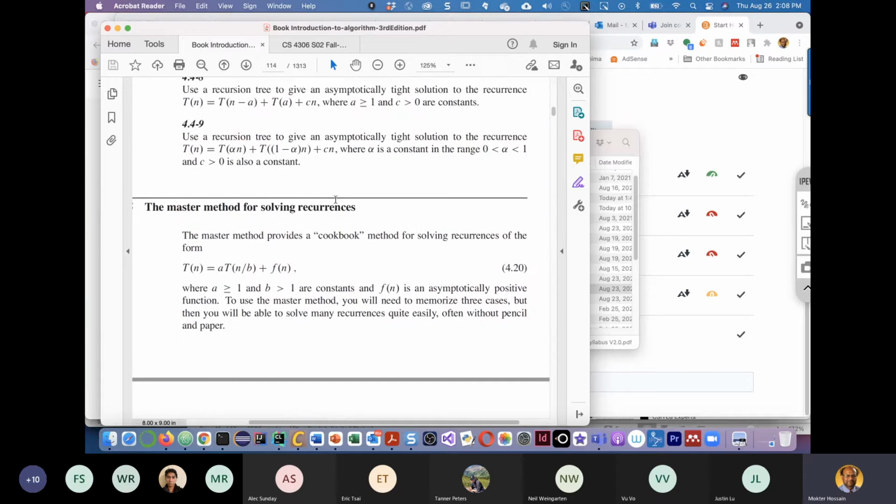So then you got the master theorem. Today our goal will be to understand master theorem and its use. How do we use it to solve some problems?